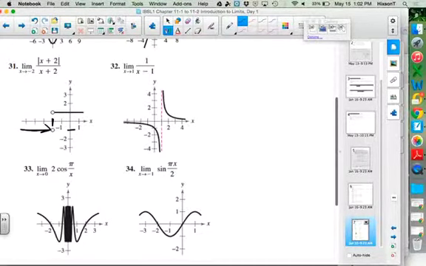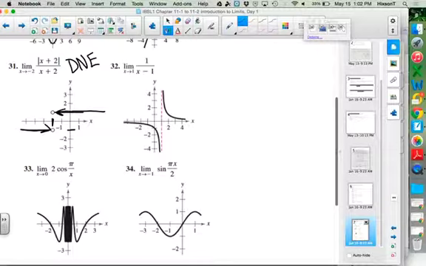We're approaching -2 from the left-hand side, and the value of f of x is actually constant there, so it's still approaching -1, okay. What are we approaching from the right-hand side? 1. So what's the limit? It's undefined. The limit does not exist, okay, because the left and right-hand limits are not equal.